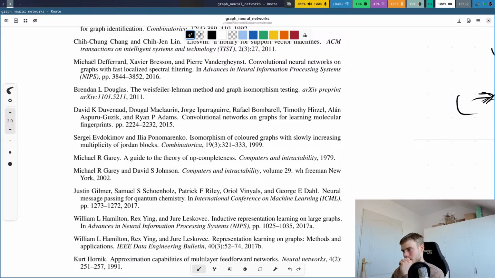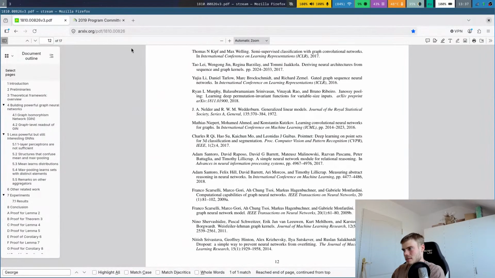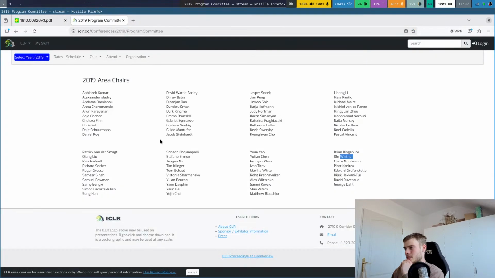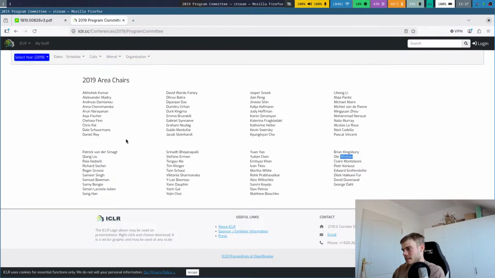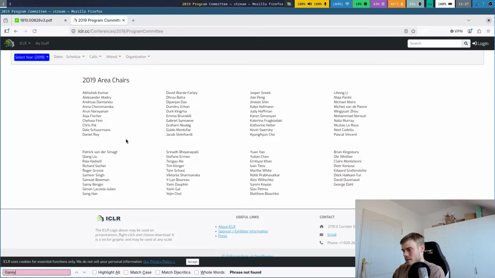I don't really understand this. A Guide to the Theory of NP-Completeness. This looks like a citation that's just in there because someone was sitting on the committee. But I don't know. Maybe I'm wrong with this. Probably I'm wrong.